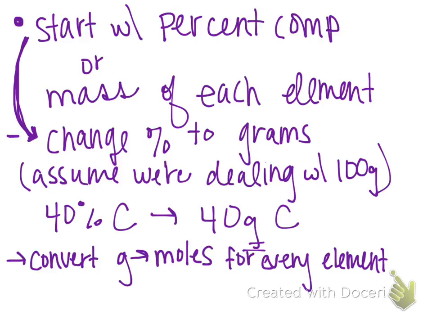We can't compare grams to grams because 1 gram of hydrogen is a whole mole, where 1 gram of silver is like 100th of a mole. Does that make sense? So comparing masses doesn't do us any good. We have to compare apples to apples, so we have to have them both in moles in order to compare our ratios. So we'll go grams to moles.